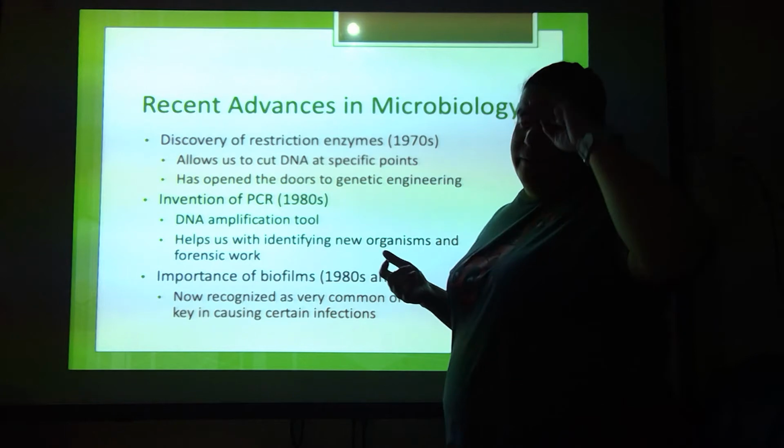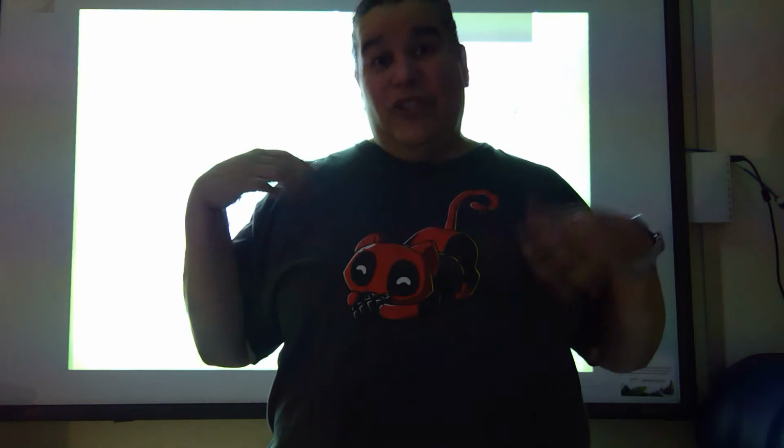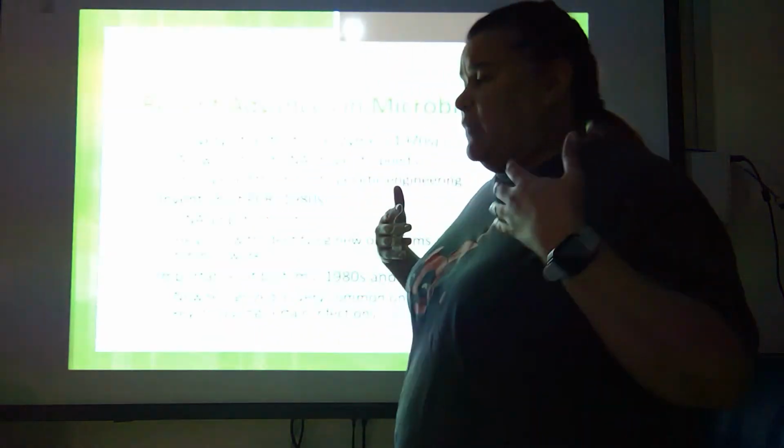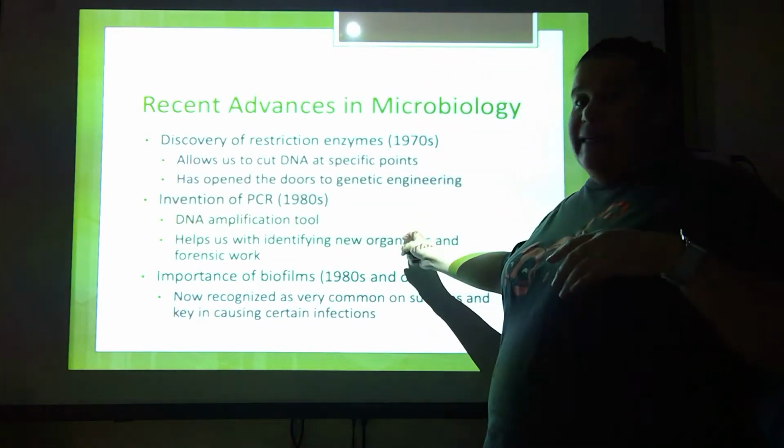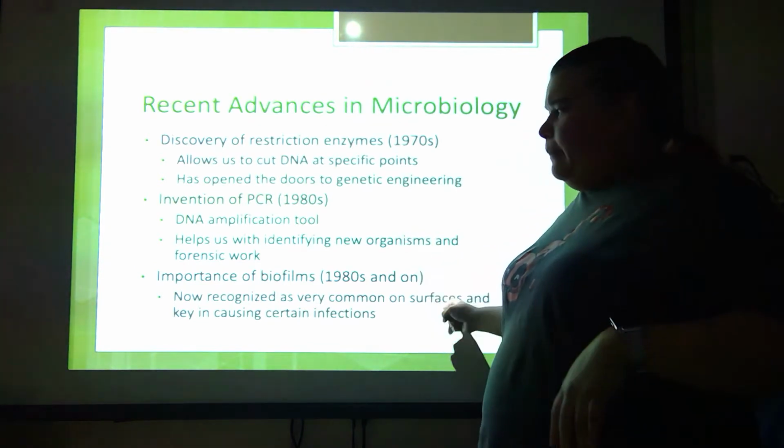So when, let's say, a woman is attacked and she scratches her attacker, they can take the samples from under her nails and actually make more DNA than what would originally be just under her nails. It's a way to get more so that you can look at it with a lot more detail.